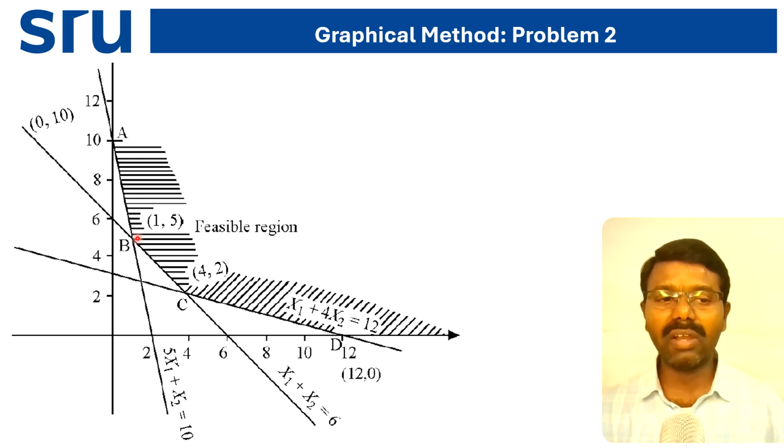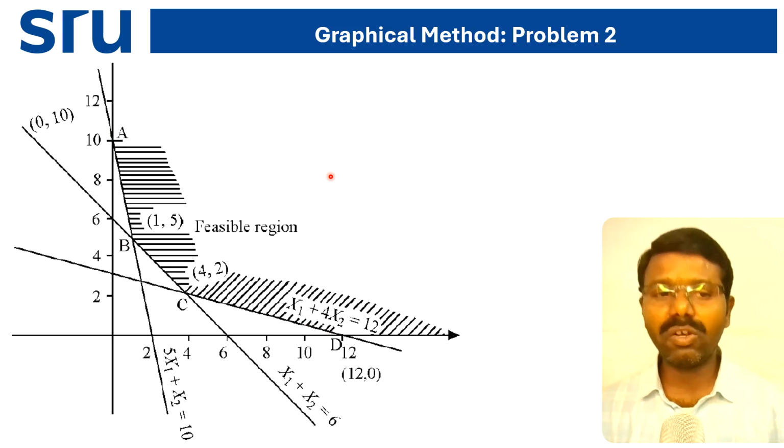That is why it is given as a minimization problem. Any points in the infinity area cover only maximum values, not the minimum, so we will check whether the minimum occurs at A, B, C or D.